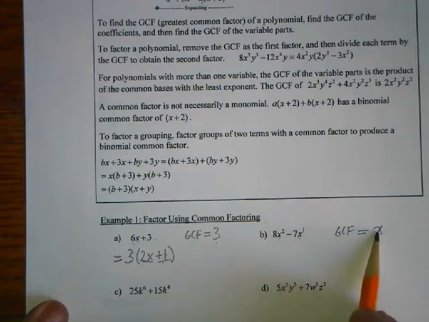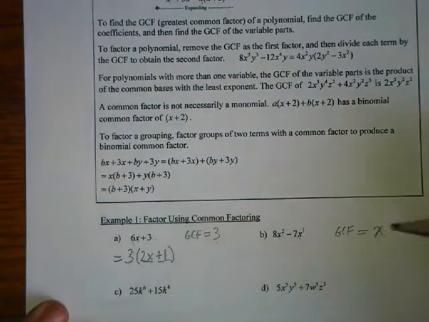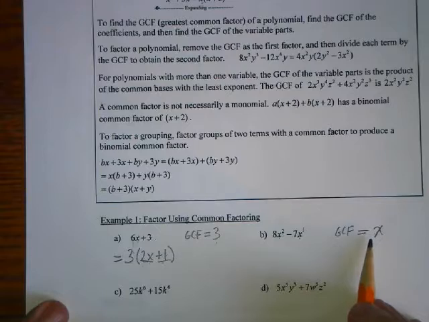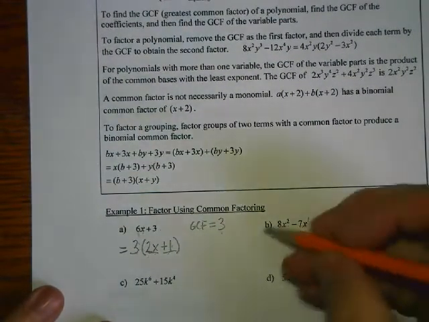When I know I have an x that's common to all the terms, what I do at this point is just pick the lowest exponent. So in this case, I have an exponent 2, exponent 1. So my greatest common factor is the 1, which I could put a 1 there, but I'm not going to. That's x to the 1 is really just x. So in this case, that's the greatest common factor is just x.